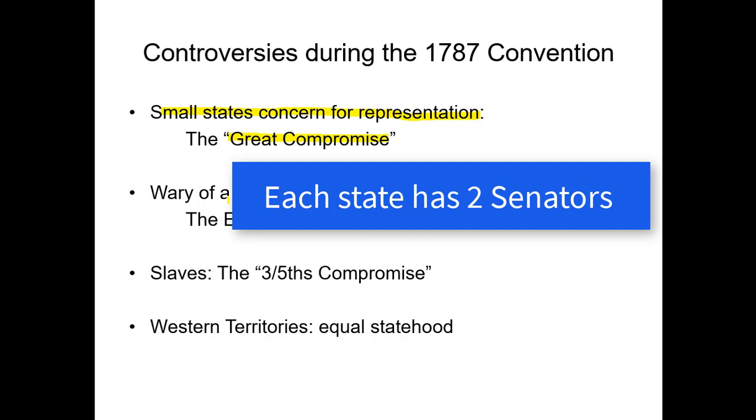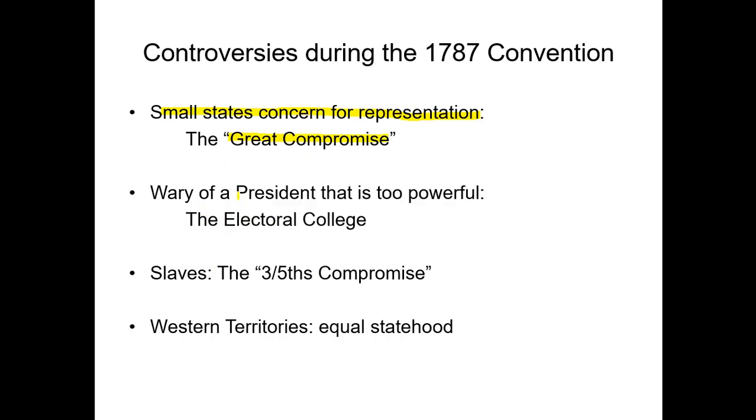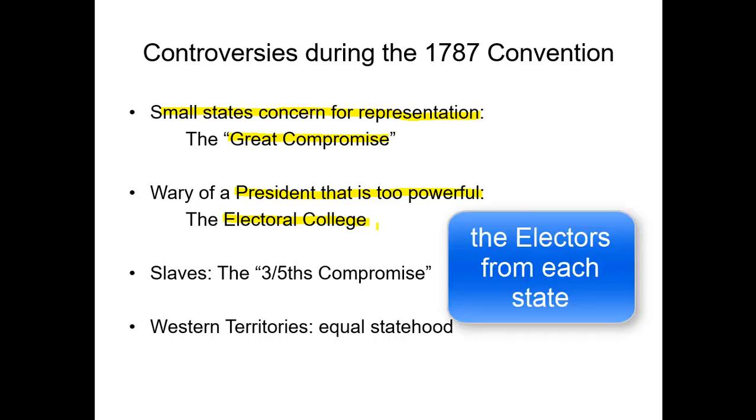They also were wary of a president that was too powerful, because they did not want a monarch. They did not want a king system. So they created the Electoral College, which we'll talk about in more detail later on. But again, the Electoral College was a way of filtering the votes through representatives who would then cast the ballots for president.